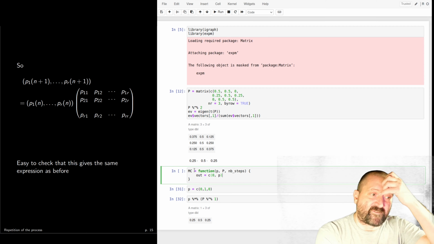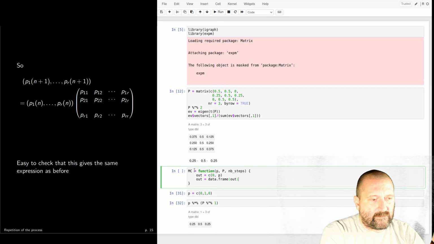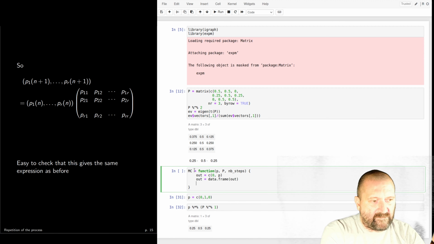So I'm going to say that out is a data frame. I want to say that this data frame has column names, just because it's going to be easy.